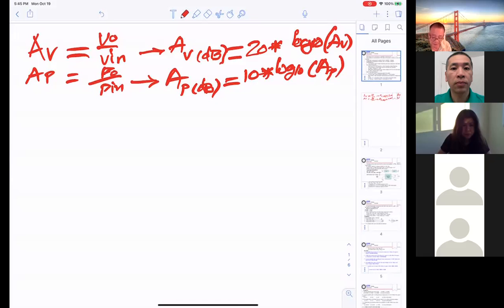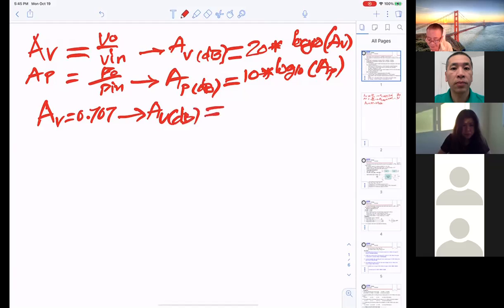Okay, now I give you an example. If A_V equals 0.707, and I want to know A_V in dB, then you have to use 20 log of 0.707. So try first using your calculator, to make sure you know how to calculate that formula.